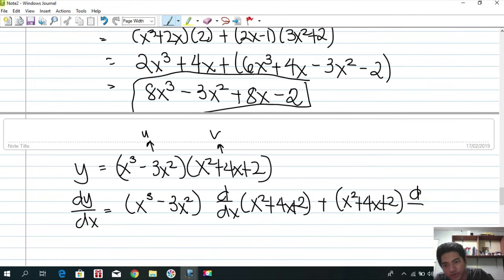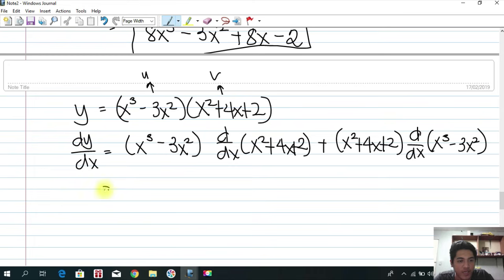Then we're going to get the derivative of x cubed minus 3x squared. That is the derivative of the first, so in this case, we should copy only here. Then we're going to get the derivative of this.